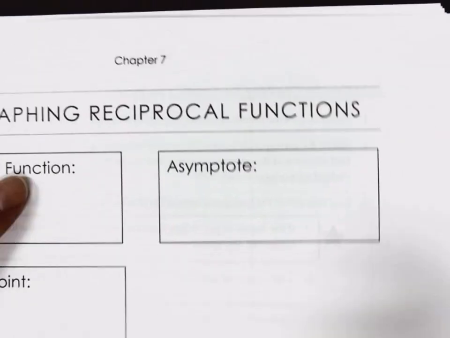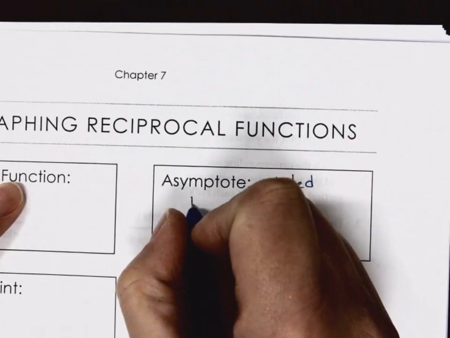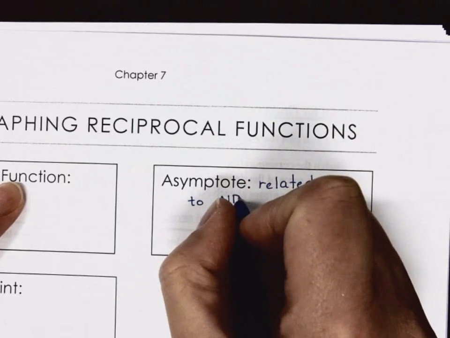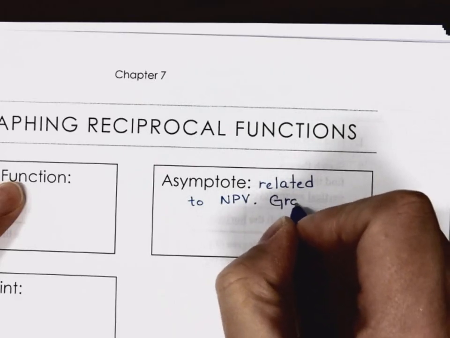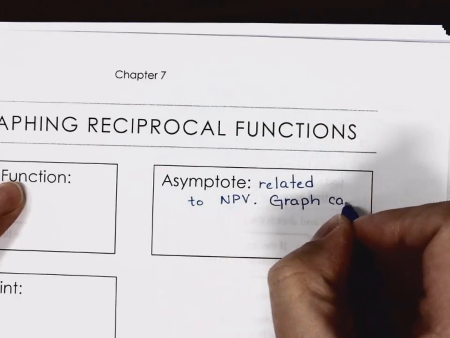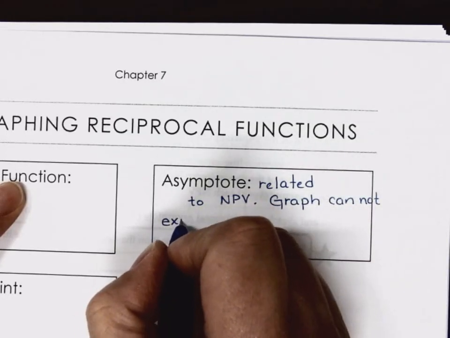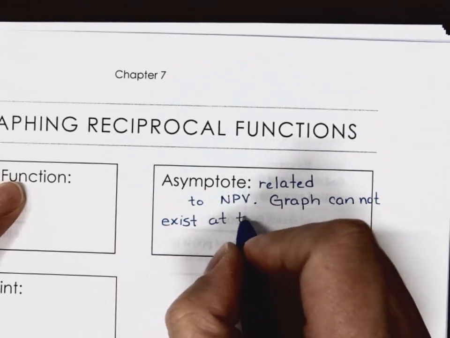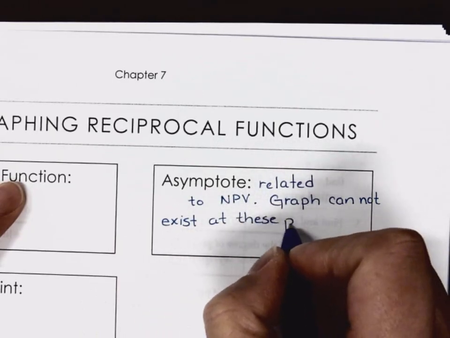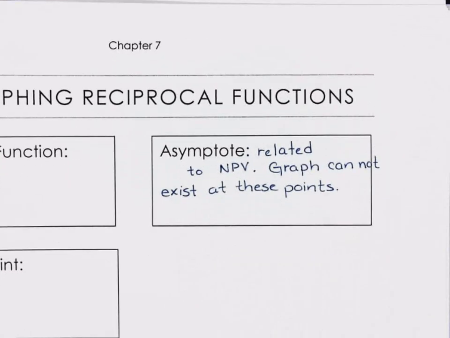So your asymptotes, we'll start here since we're talking about it, are related to NPVs. The graph does not exist there.